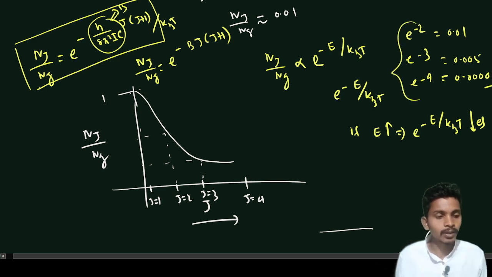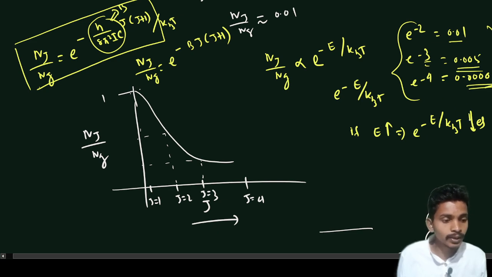I'm just taking these values as an example, they are not correct. It means that whenever E increases, this value decreases, so the Nj upon Ng ratio decreases.